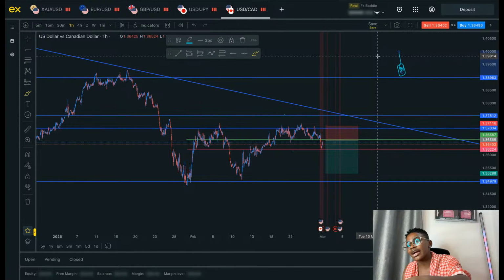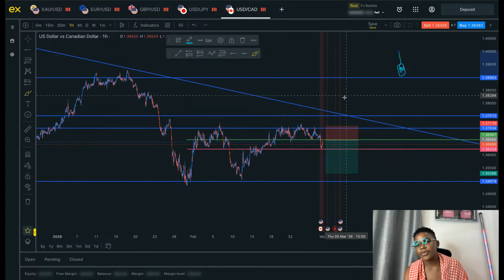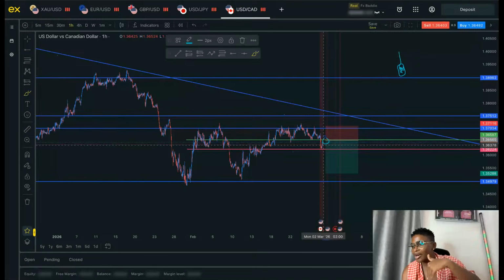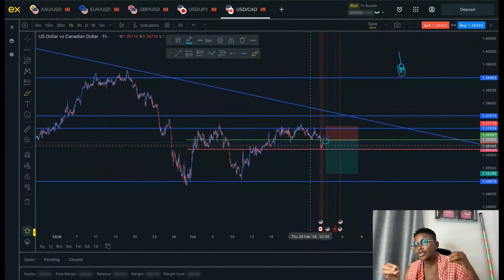Now imagine a candlestick like this forming around here. That's another confluence that sellers are about to dominate. Sellers are about to drop this market down. So those are other confluences that you take into consideration before placing that buy or placing that sell.